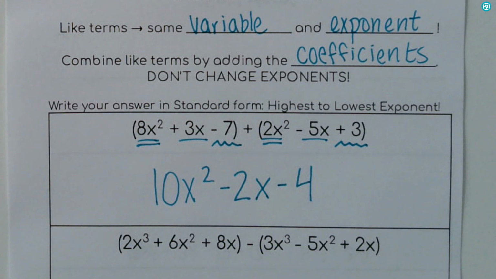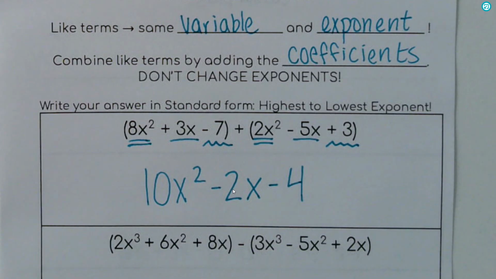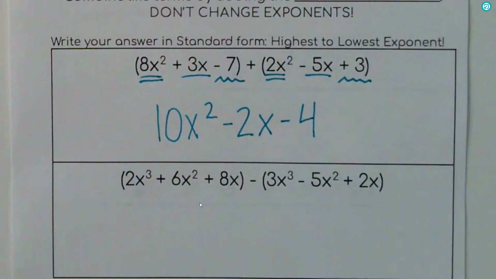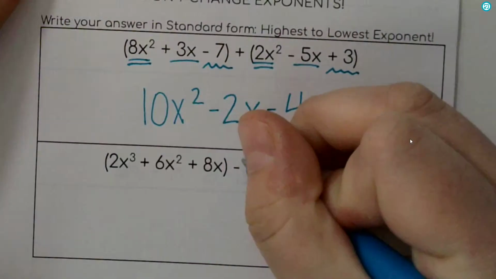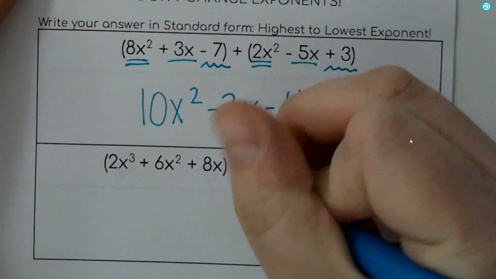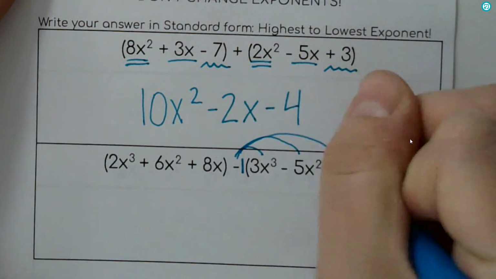The next one is a subtraction problem. I've got everything in the first set of parentheses, 2x cubed plus 6x squared plus 8x, minus all of this. To remember that we are subtracting all of this, we're going to put an imaginary 1 right here, and we are going to distribute that negative 1.